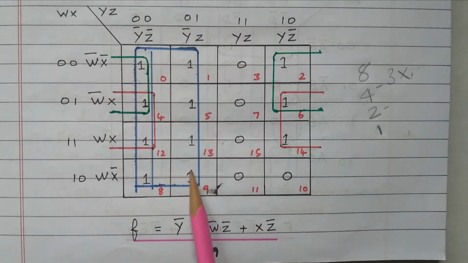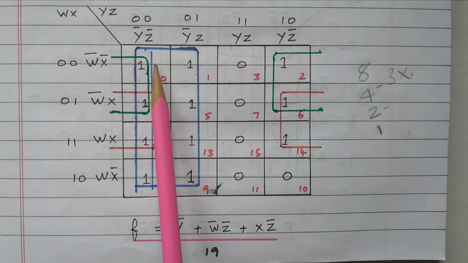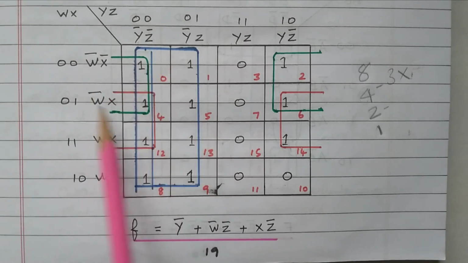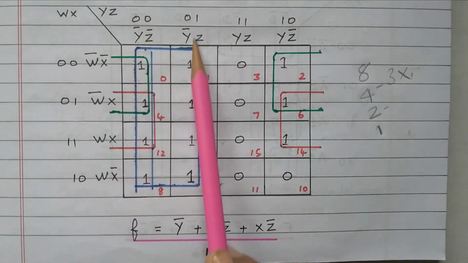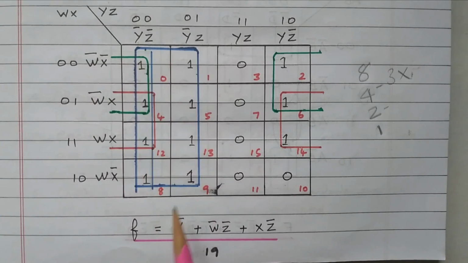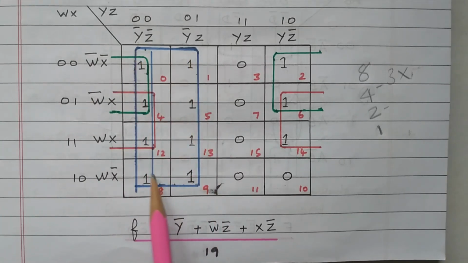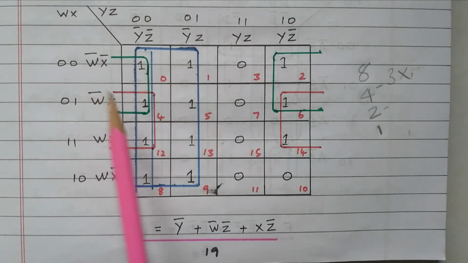Now these 8 cells are grouped together. We need to refer to these 4 columns and these 4 rows, and from this we can identify the simplified expression. While grouping these 8 cells, we refer to these 4 rows.